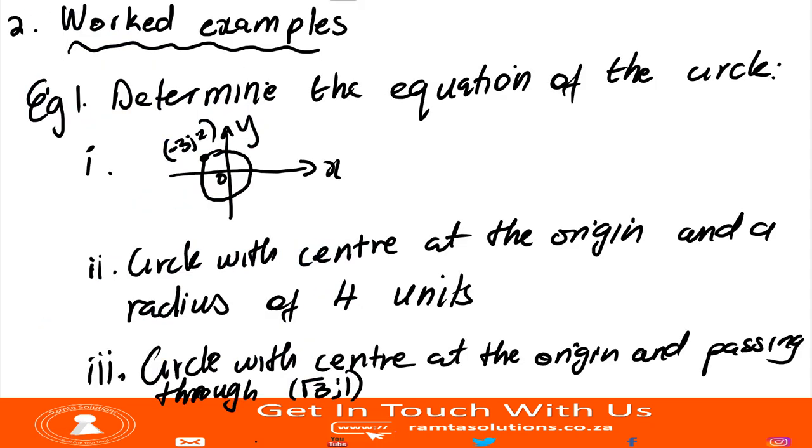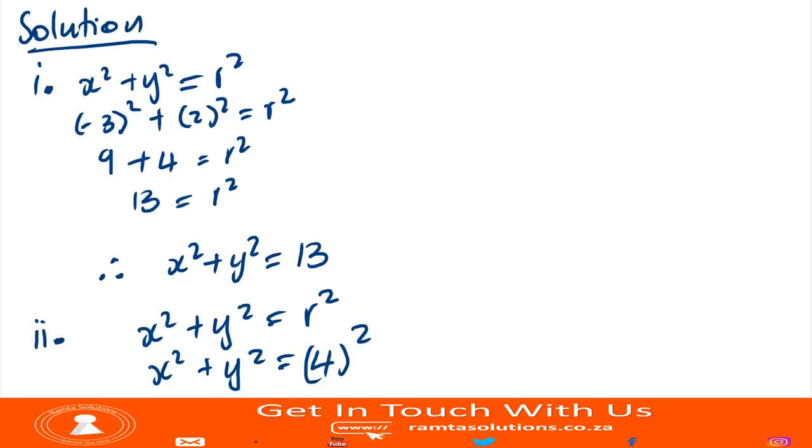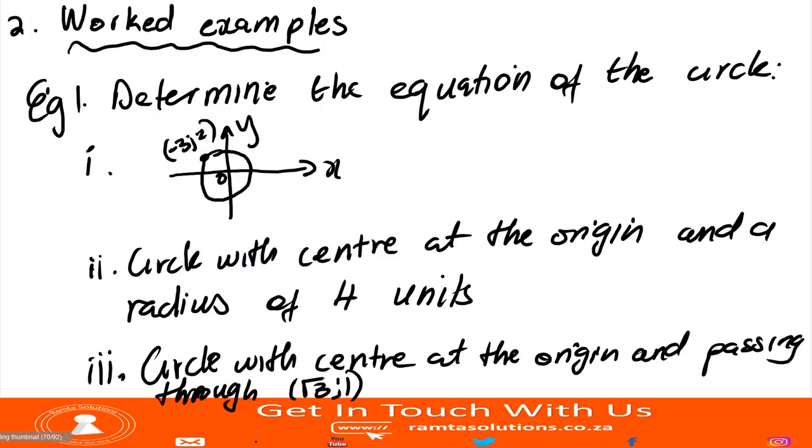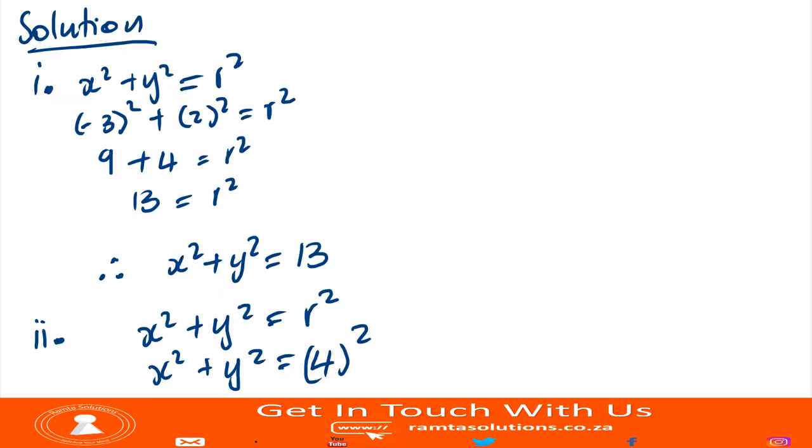Now, question number 3, we're looking for the equation of the circle with center at the origin and passing through (√3, 1). So this is x squared plus y squared equals r squared. The point is √3 and 1, isn't it? It's not negative values. It's √3 and 1.